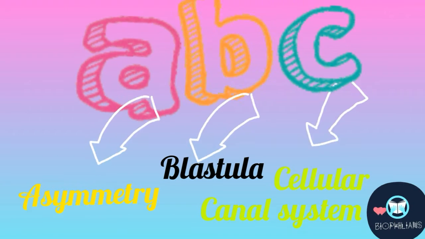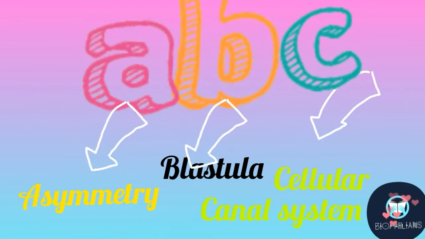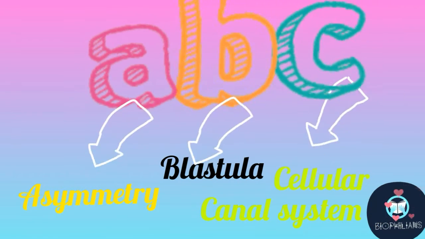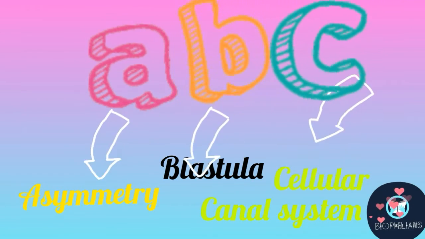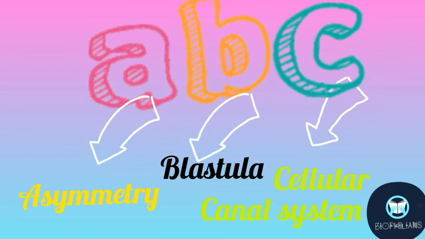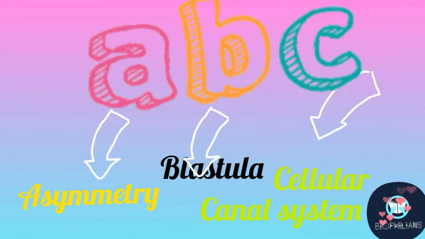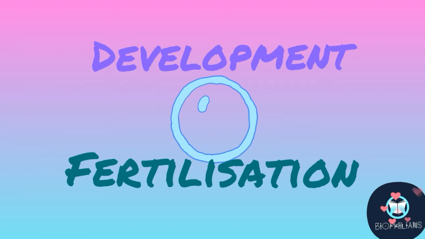A for asymmetry, B for blastula, C for cellular and canal system. It is divided into three parts: asco, sycho, leuco. Leuco is most complex.